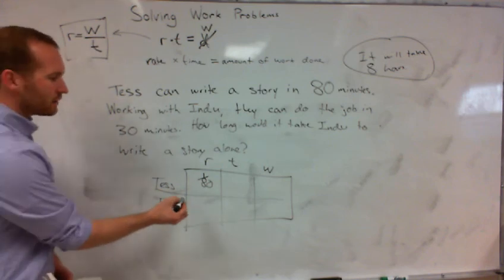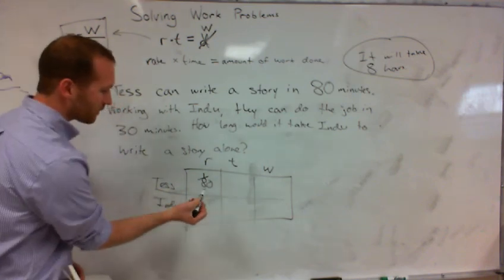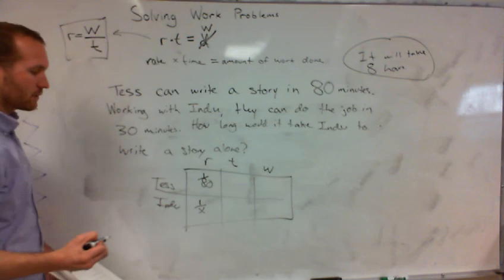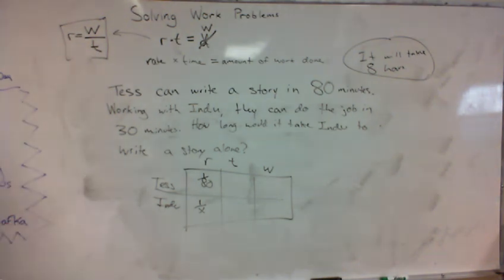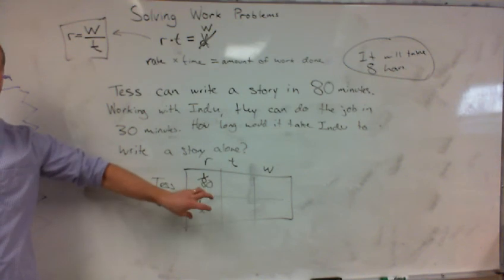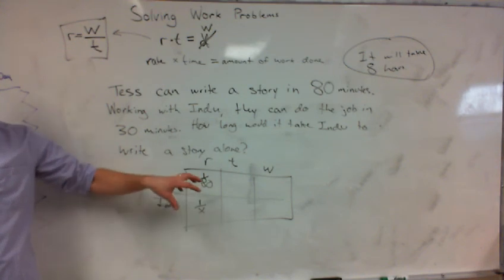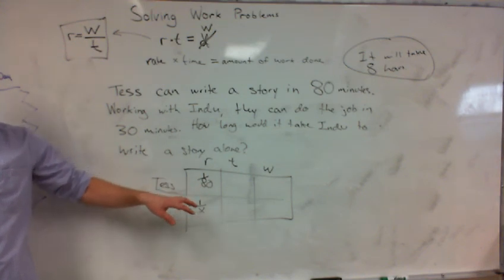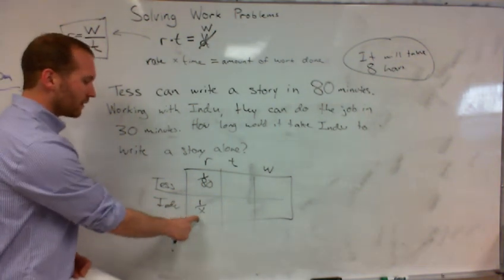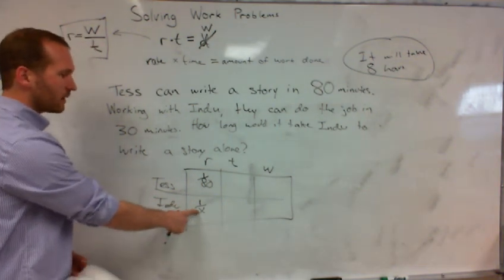We know that Indu's numerator is going to be 1, but we don't know how long it takes her to write that one story. So we're just going to call her rate 1 over x. Now, it's important that you do it this way rather than just call her rate altogether x, because that's going to make the problem look a lot different. Okay? So let's say, instead of saying the whole rate is unknown, let's just keep that time unknown.